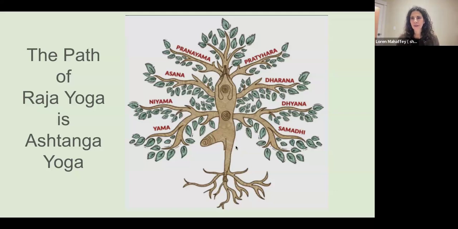And so, as we know, the path is yama, niyama, asana, pranayama, and those are the more outer practices. And as we move over from pranayama to pratyahara, we begin the more inner and subtle practices of pratyahara, which is sense withdrawal, dharana, which is concentration, dhyana, which is meditation, and samadhi, which is absorption.